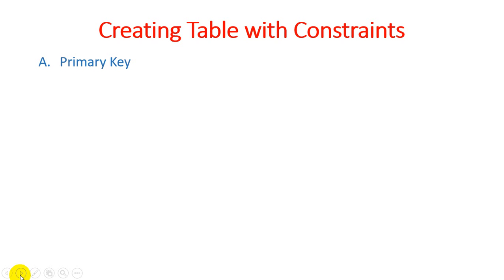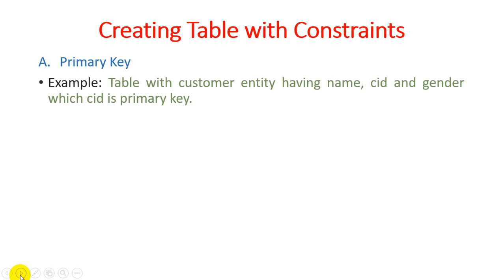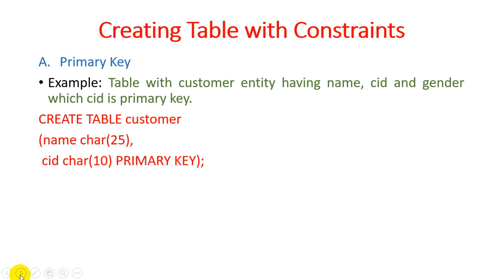Now we will discuss with an example how to define a primary key. Example: table with the customer entity having a name, CID and gender, in which CID is a primary key. So how can we define CID as the primary key in the customer table? Create table customer, name character 25, CID character 10, and it is a primary key, with a space between primary and key. This is based on the column point of view.